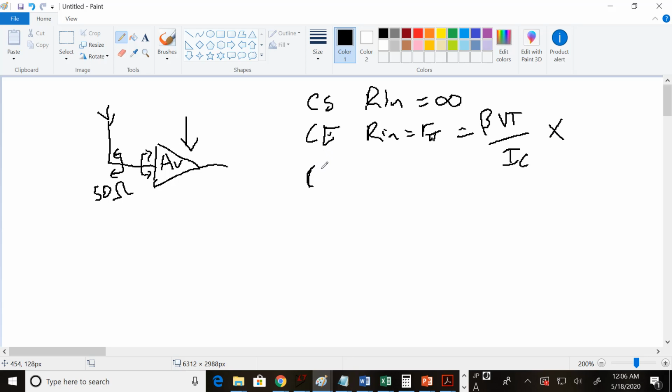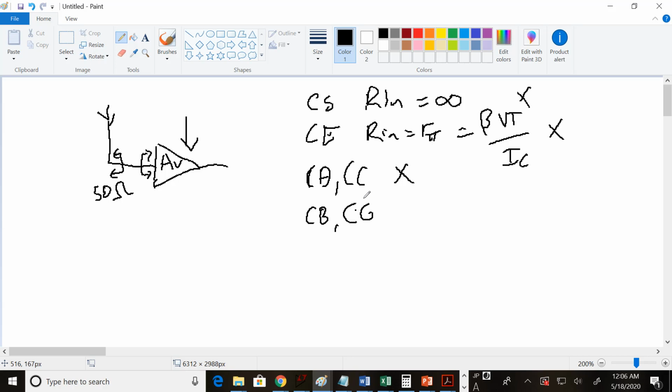For a common drain or a common collector, you don't get any gain, so you can't really amplify the signal. So those are out. What's left is a common base or a common gate.